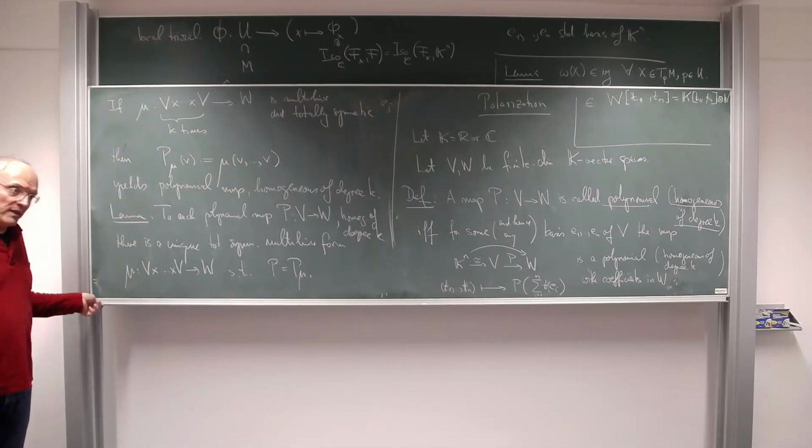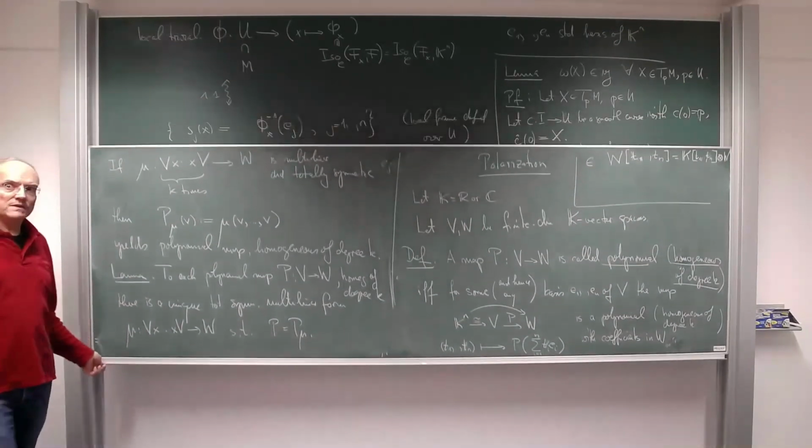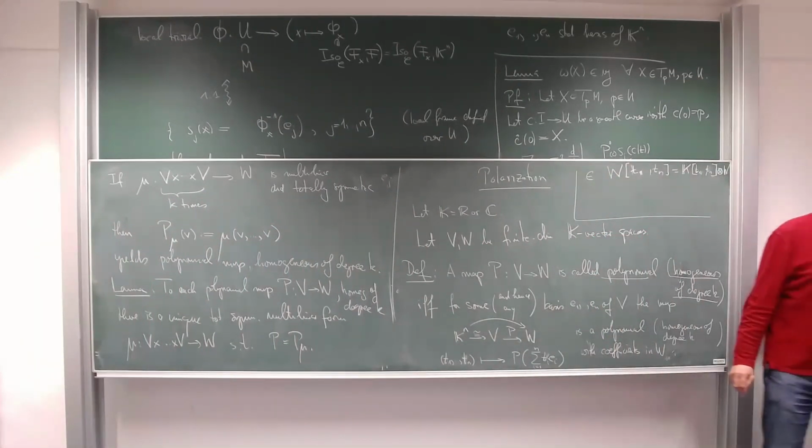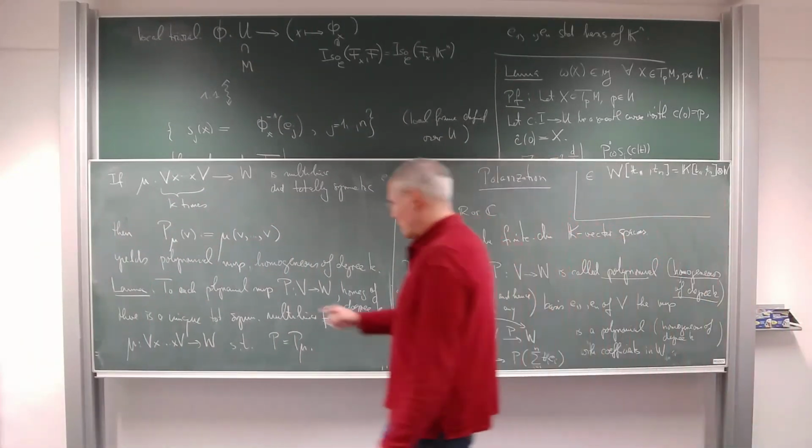It doesn't really matter whether you talk about polynomials homogeneous of degree k, or these totally symmetric multilinear forms. And why is that?